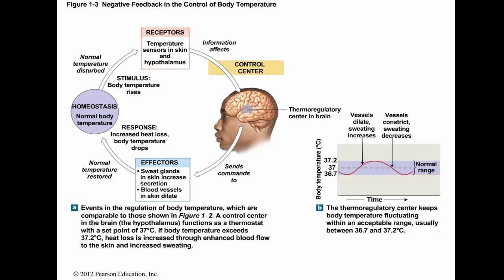That sends commands to different parts of the body to do something. It sends commands to the sweat glands to increase skin secretion of sweat, and also to blood vessels to dilate at the skin. This results in heat being lost by the body, and this eventually will return the body to the normal temperature. So this is an example of negative feedback.